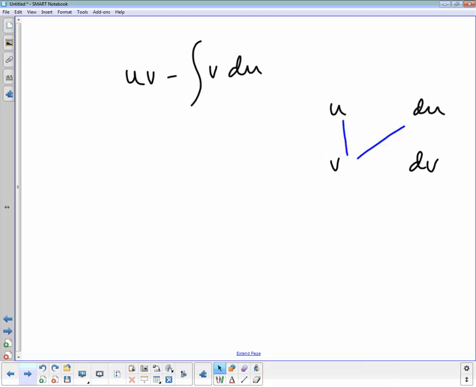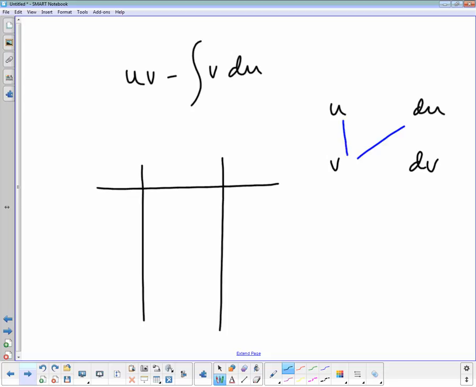If you have the finite case where one of your two integrals is going to eventually disappear, you've only got about 8 minutes left of class. You can use the table method for things that will eventually disappear, where I differentiate and I integrate, and I start +1, -1, +1, -1.